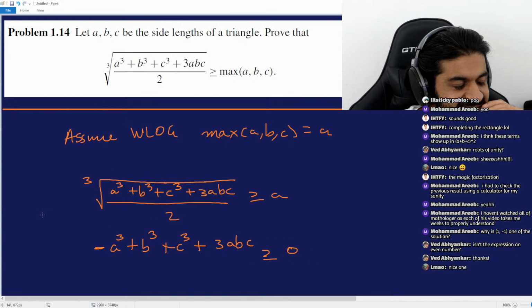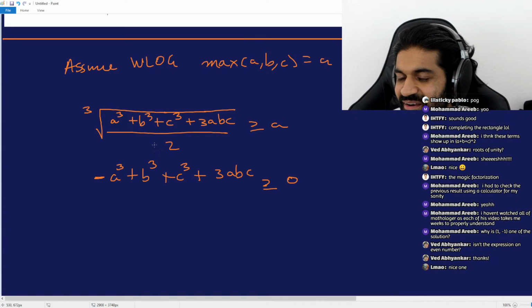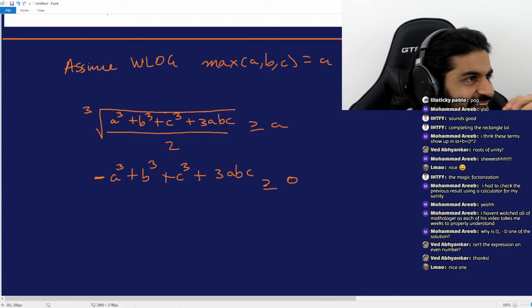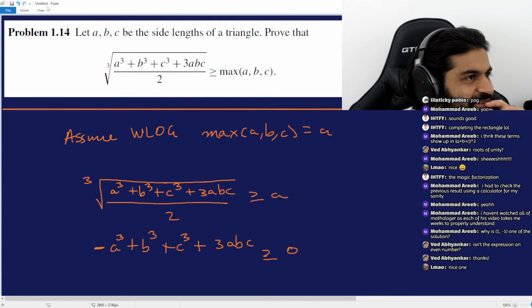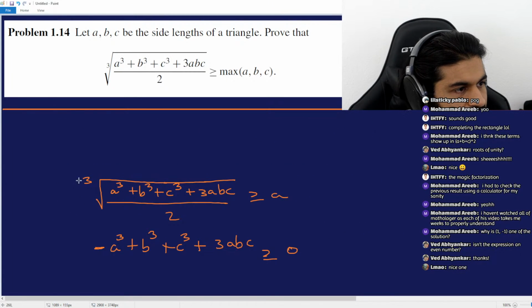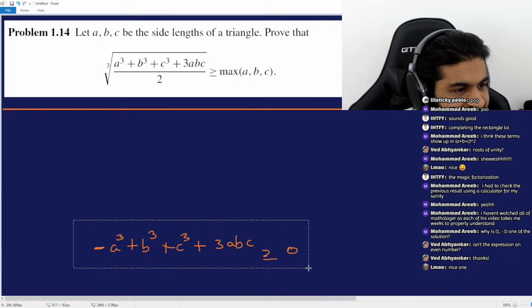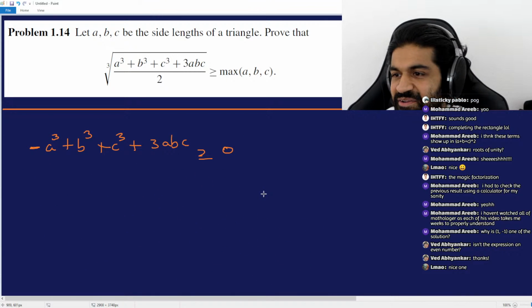Okay, this is good. Of course, we can do our magic factorization again. So let me just do that real quick. We've reduced it down to this thing.